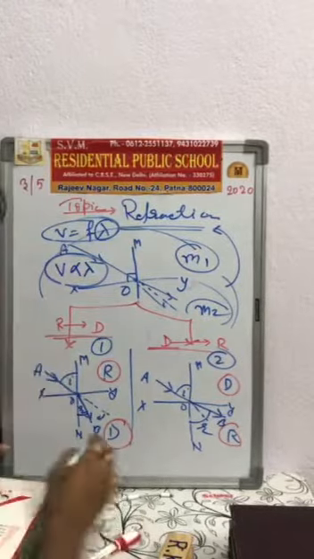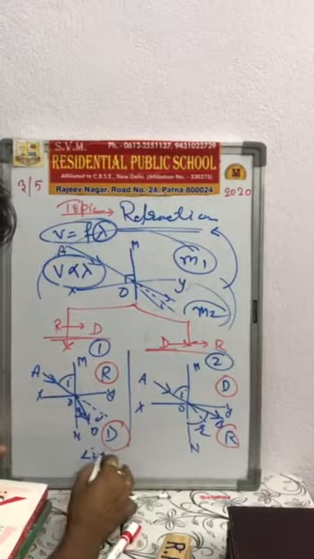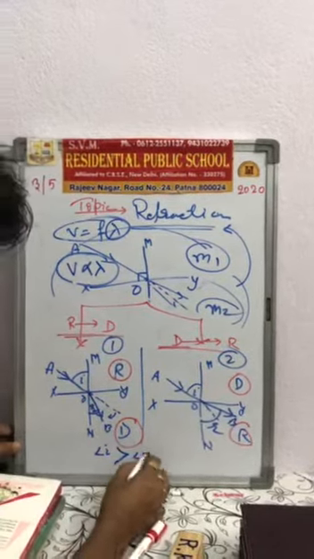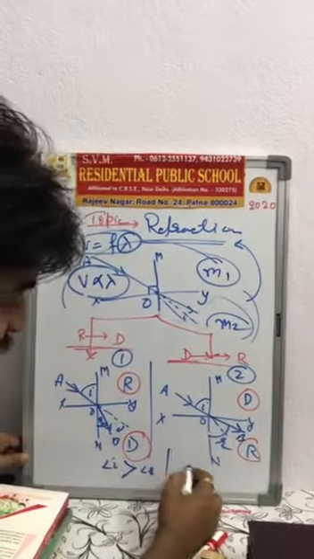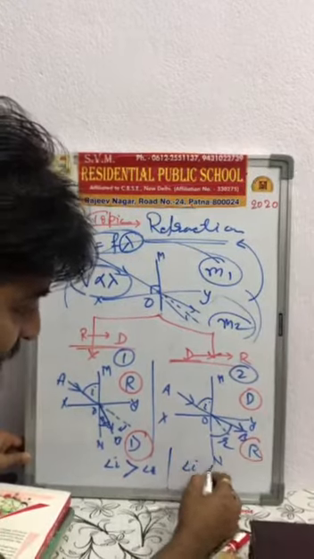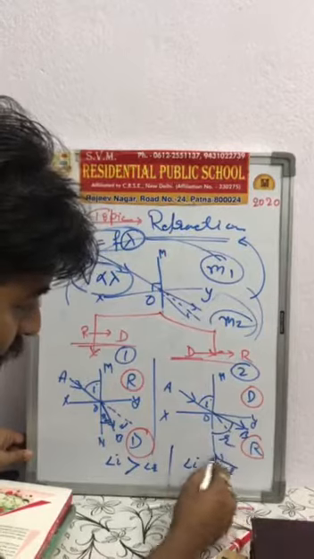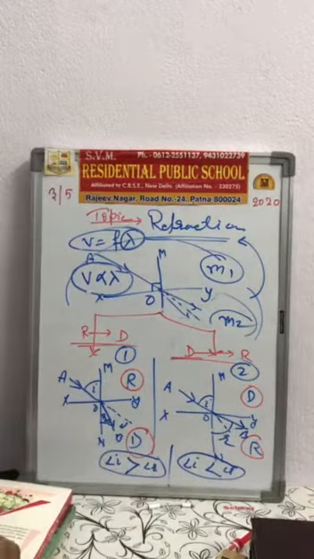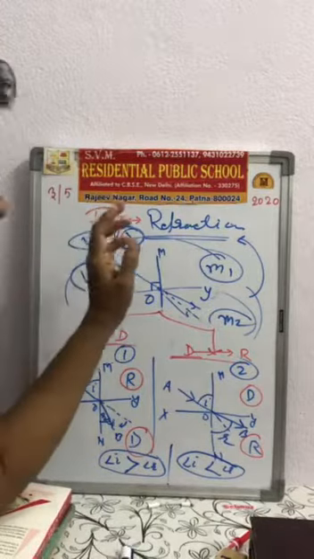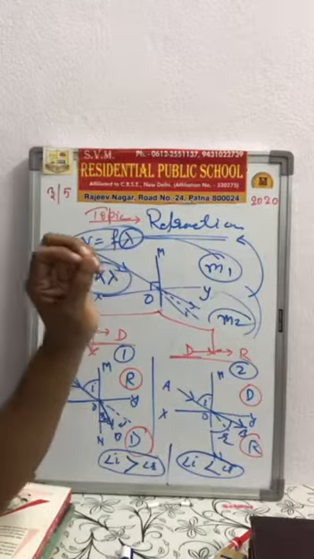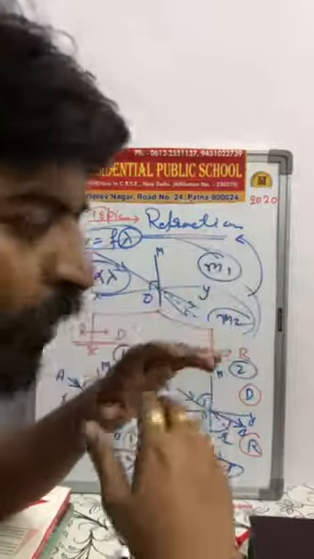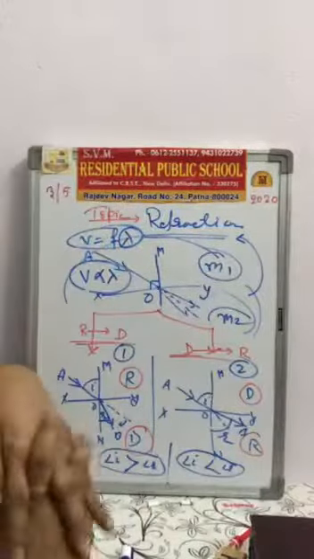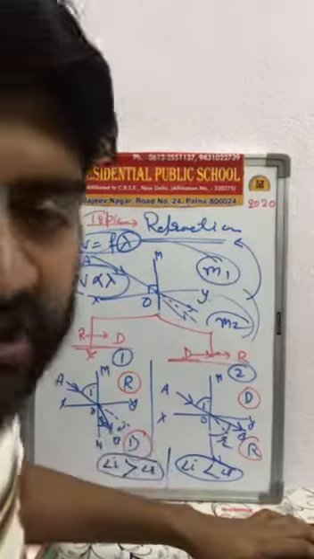In the first case, angle I is greater than angle R. In the second case, angle I is less than angle R. So refraction is the phenomenon in which light passes from one medium to another.